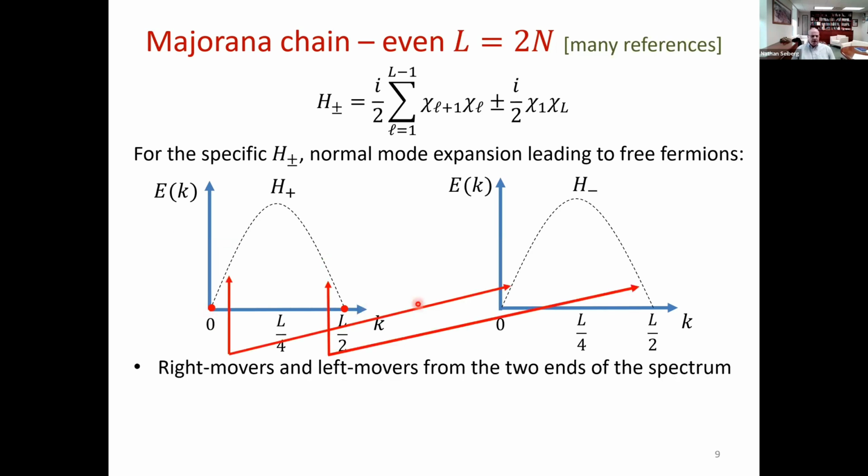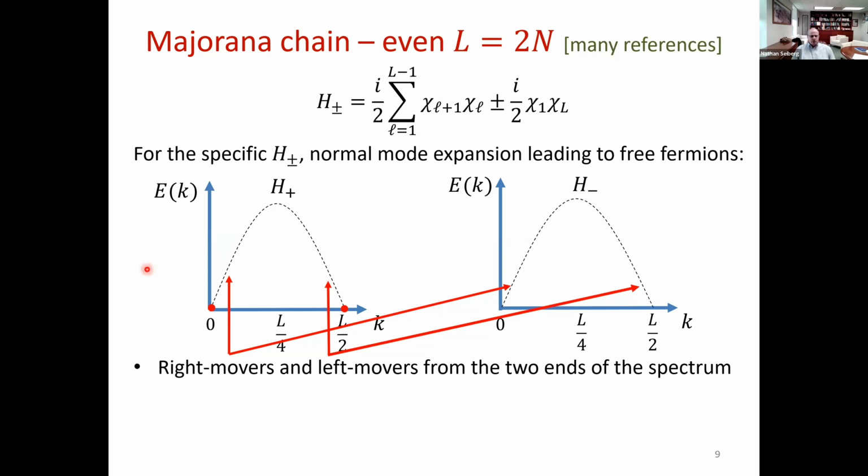If we look at low energies, namely we focus on this part of the spectrum, we see here a relativistic dispersion for right movers and for left movers. And similarly here. Here there is a zero mode, so that's like the Ramond theory. And here there is no zero mode and the momenta are half integers, so this is like the Neveu-Schwarz.